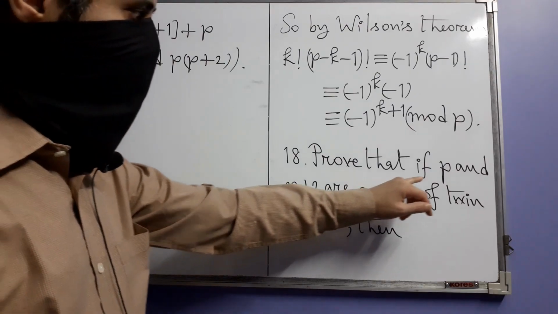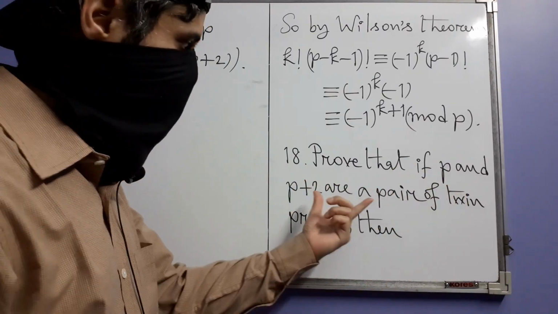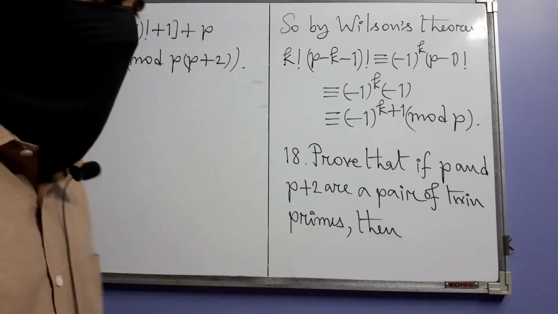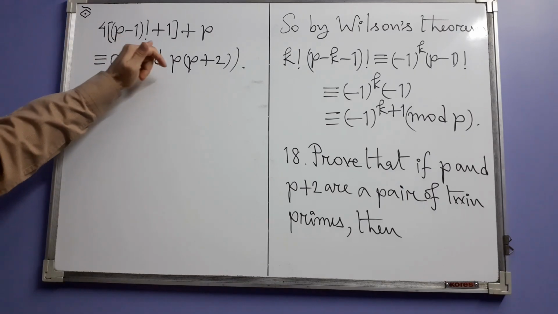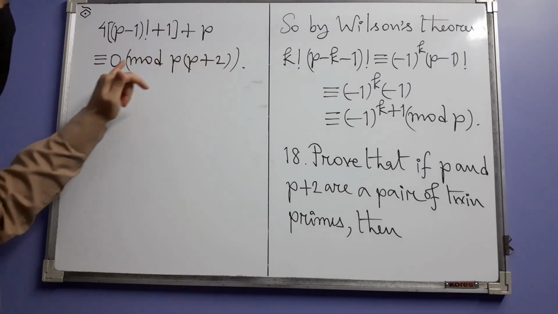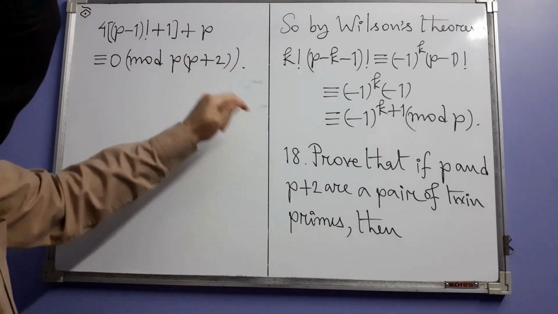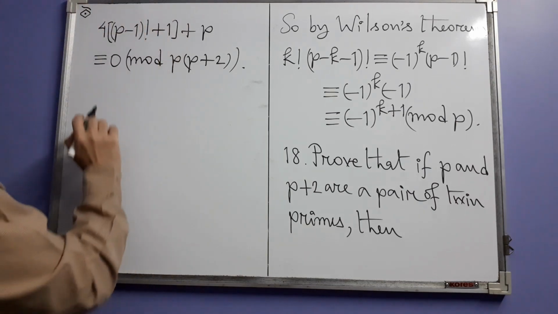Here we have two primes, p and p plus 2. p plus 2 is also prime, so they form a pair of twin primes. If so, then we have to prove that 4 times p minus 1 factorial plus 1 plus p is congruent to 0 modulo this integer, which is the product of these two. Okay, so let's see how we can establish this.